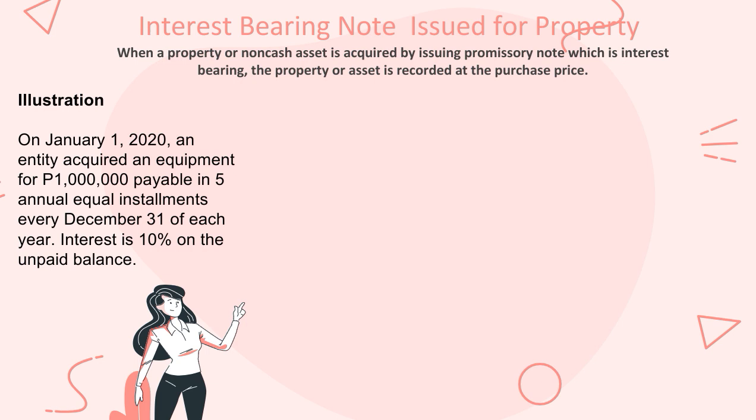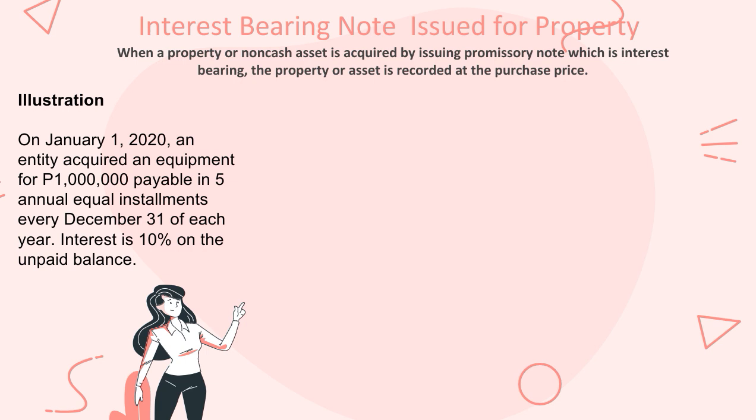On January 1, 2020, an entity acquired an equipment for 1 million. So, an entity bought, okay, nibayad sila og equipment nga 1 million, payable in 5 annual equal installments every December 31 of each year. Okay? So, sa 1 million, bayadan na siya every year. So, it means that the payment of the note payable is in serial.